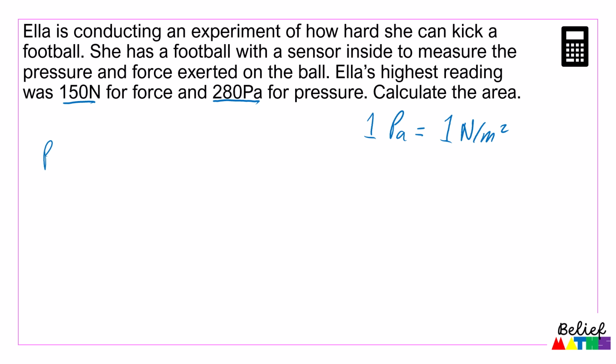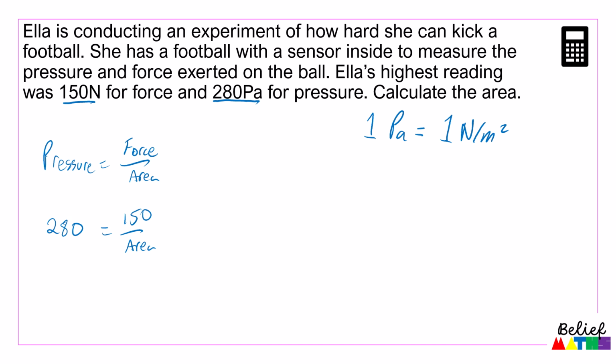So as we know, pressure is equal to force divided by area. Plugging in the information we know, the pressure is 280, the force is 150, and the area is what we're trying to find.